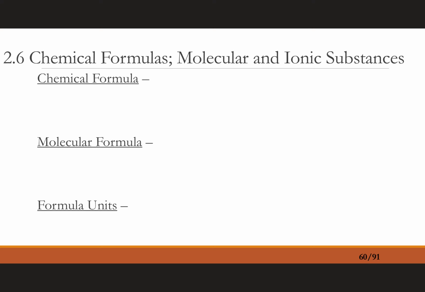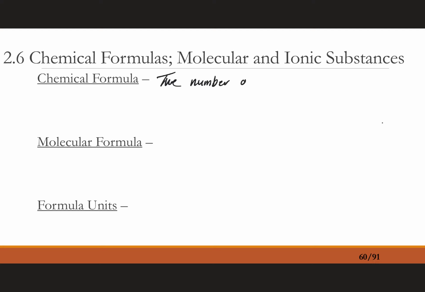On this slide, we have a few ways of representing the composition of a chemical. We have chemical formulas, molecular formulas, and formula units. A chemical formula, simply put, just tells you the number of atoms of each element in a chemical entity.